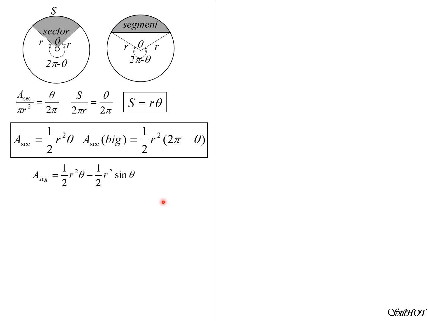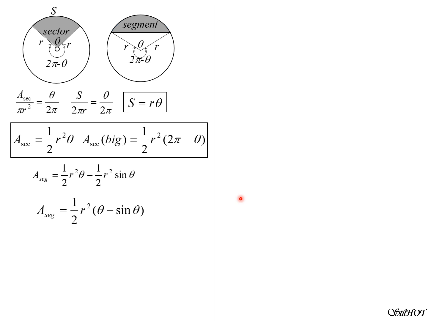Factoring out 1/2 r squared, the area of the segment is 1/2 r squared times the quantity theta minus sine theta. You don't need to memorize that. You only need to memorize basic area formulas like the sector, and the triangle: 1/2 the product of adjacent sides times the sine of the included angle. You know that already.